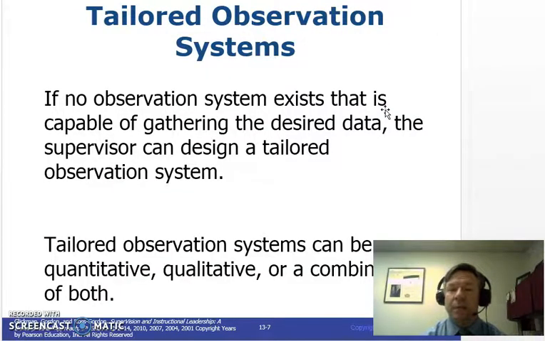So a tailored observation system, according to Glickman, is just one where there is no specific system. Then, of course, you can design one. So that could be like a walkthrough instrument or an informal instrument. In most of the school systems around the state, they're going to have it tailored, but it's not going to be up to the school. It's going to be very much district-wide.